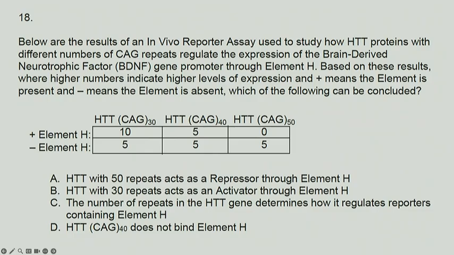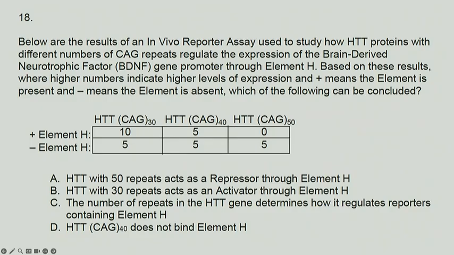So that's your promoter, and you add or don't include element H as needed to do this experiment. So what can we conclude from the levels of expression that these cells give when we add different amounts of Huntington's repeats and plus minus element H?